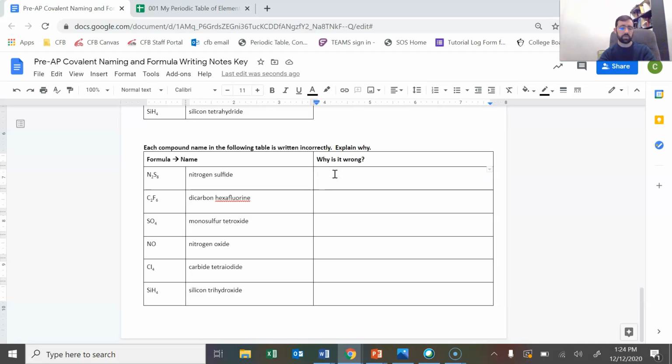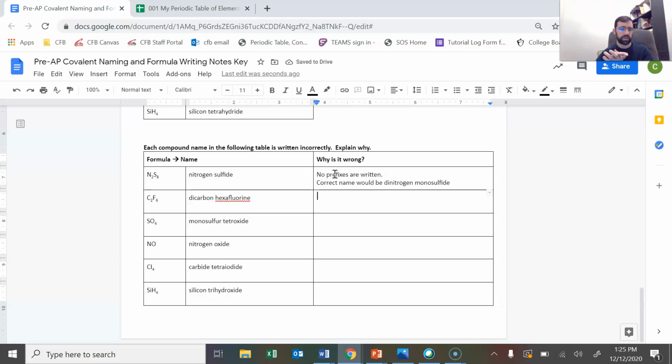The reason this is wrong is because no prefixes are written. The correct name would be dinitrogen monosulfide.